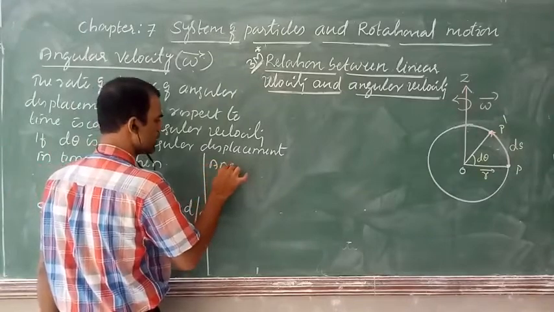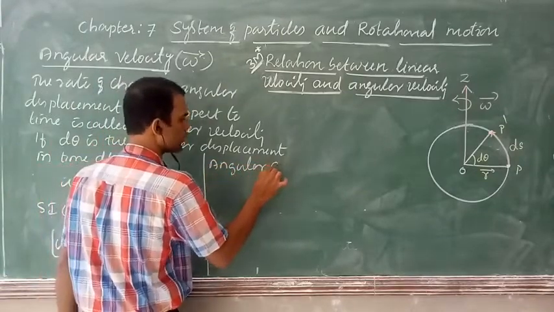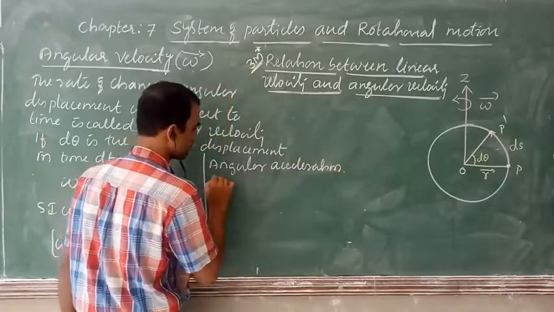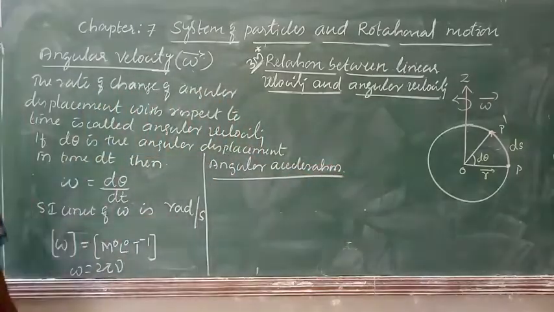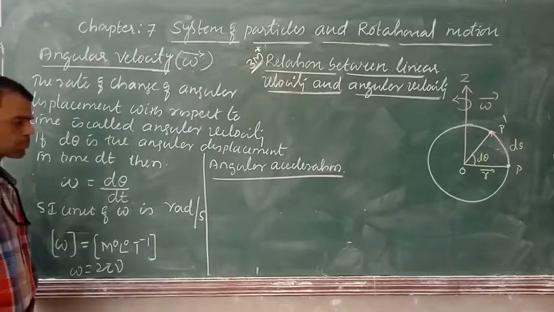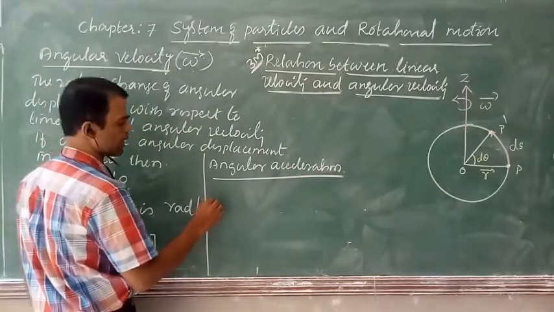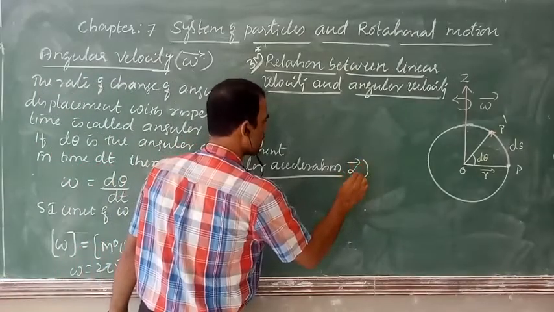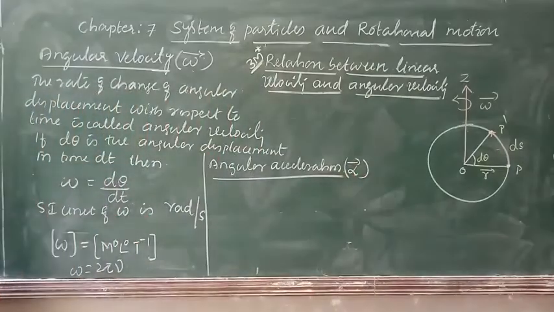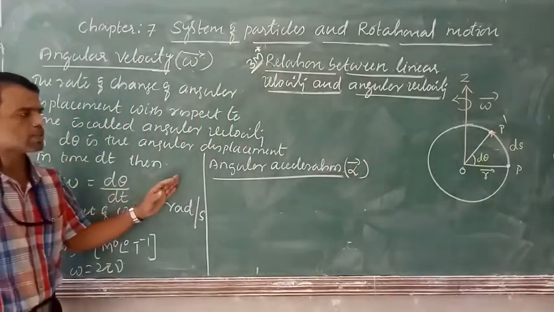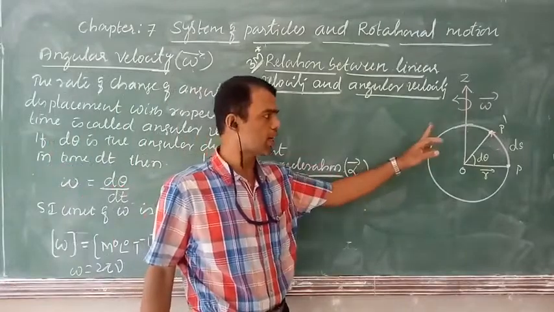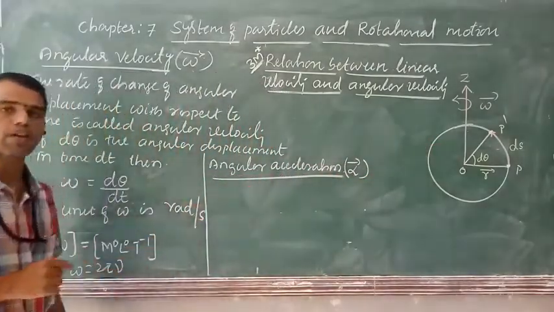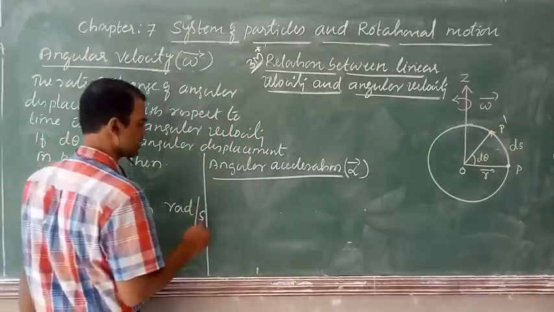Now we define angular acceleration. Angular acceleration is the rate of change of angular velocity with respect to time. If the angular velocity of rotation changes with respect to time, then we call that angular acceleration.